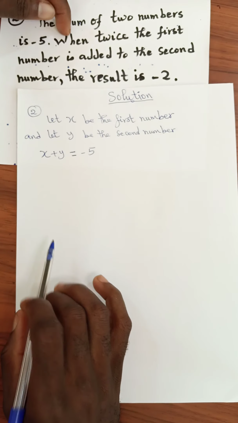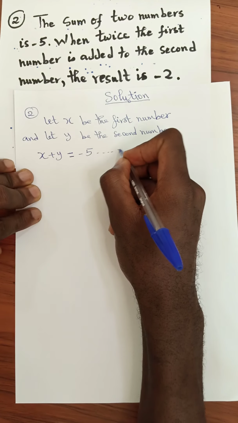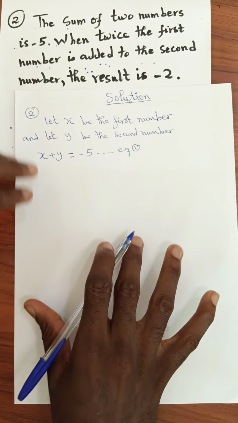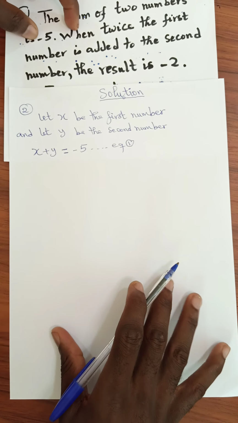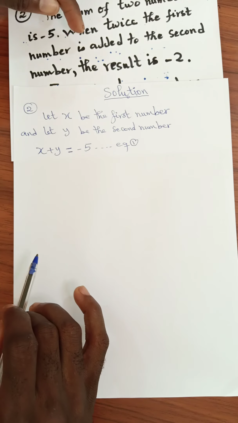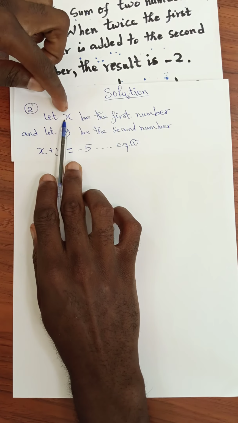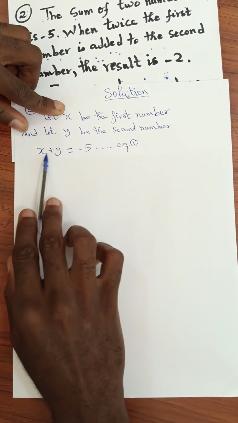Then let's look at the second sentence. So this first statement should be our first equation. C'est notre équation 1. Et analysons aussi la deuxième phrase. When twice the first number, our first number, what we choose to be the first number here.